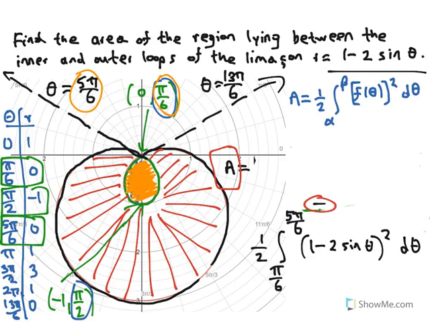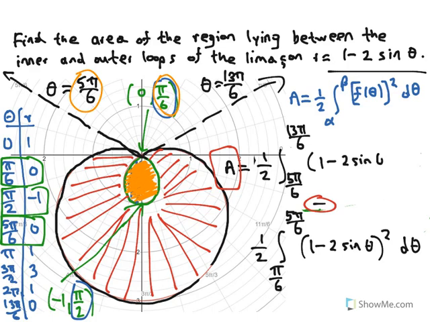So for the area of the outer loop, the black part of the limacon is traced as theta goes from 5 pi over 6 to 13 pi over 6. So you're going to write 1/2 times the definite integral from 5 pi over 6 to 13 pi over 6, and the integrand would be the square of the polar equation.